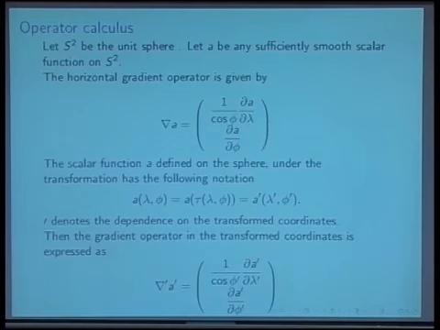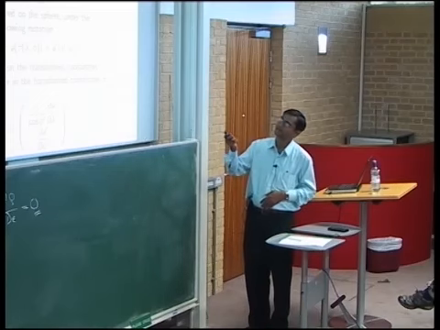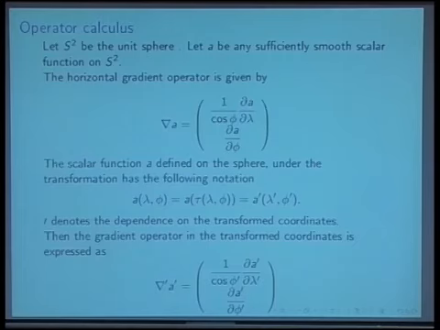So, on the unit sphere S2, A is a sufficiently smooth scalar function. Then the horizontal gradient operator can be expressed as a vector with this operation. So, this is the notation of the transformation.